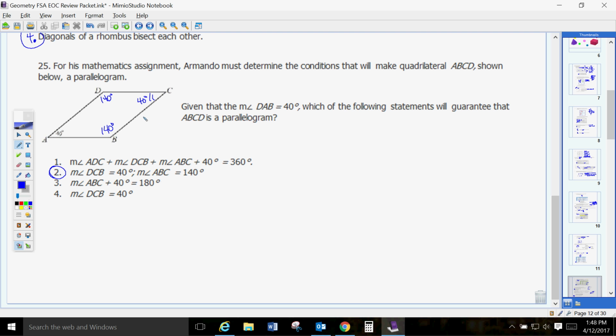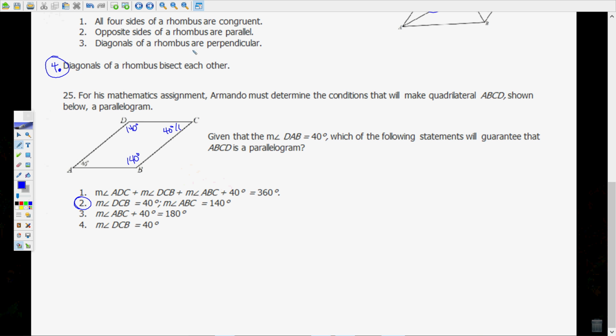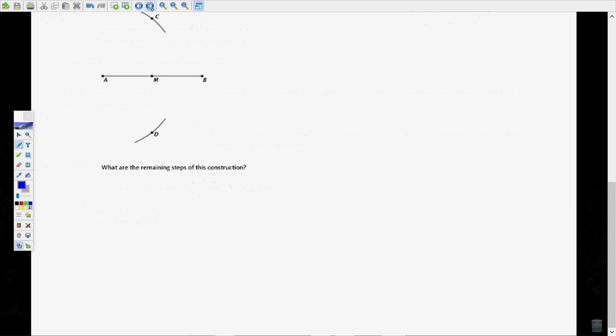So we have two pairs of opposite angles congruent because we had the same side interior supplementary, which makes our opposite angles congruent. So all of that works around like a big puzzle to prove that we have a parallelogram.